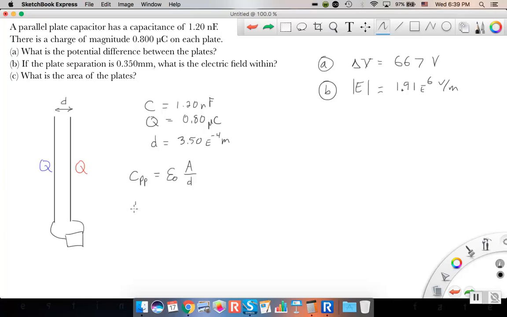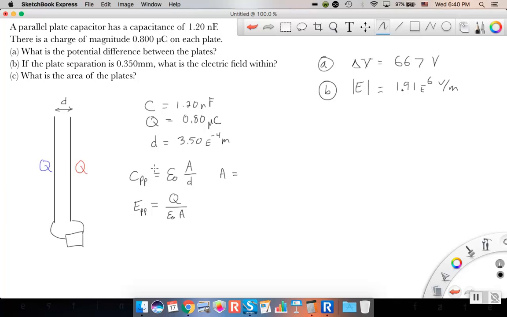The next way is that we can look at the electric field, which we just found in part B, which for a parallel plate is given as Q over epsilon naught times the area, right? So both of these allow us to calculate area.